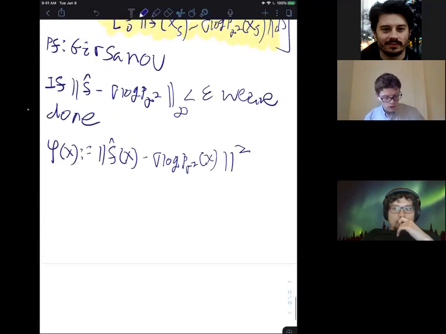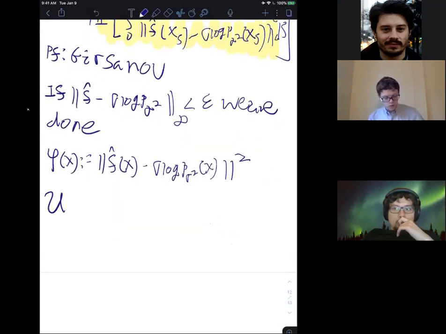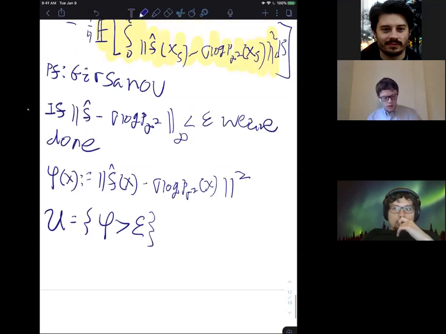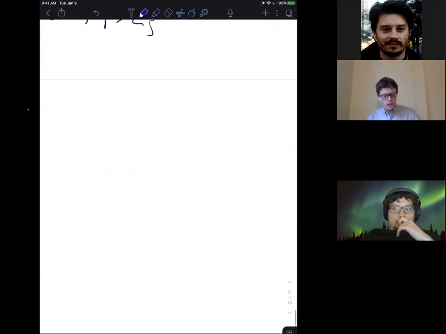Maybe this isn't uniformly close, but it has to be pretty small on a reasonably large set. So we let U be the set where phi is greater than epsilon. So U is the bad set where phi is far apart, and we also have the good set. And so we can break this integral, which we need to control, into the good set and the bad set.